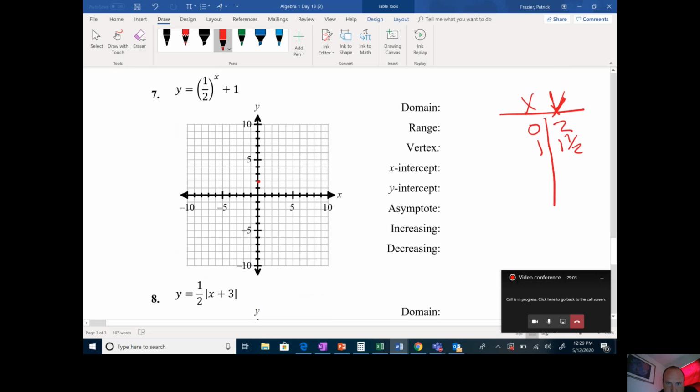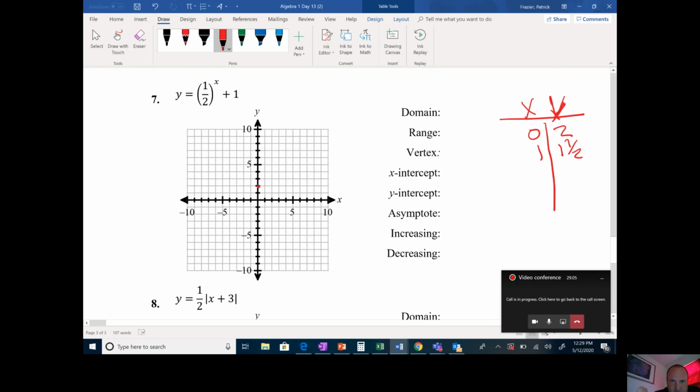And then the next one, well, that's going to be 1/2 squared. If you're not familiar with what 1/2 squared would look like, 1/2 squared is the same thing as 1 squared over 2 squared.